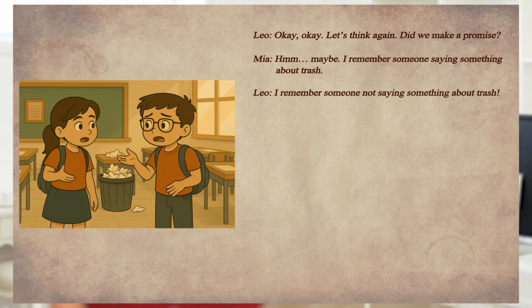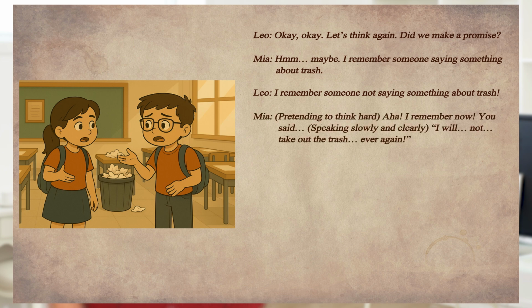I remember someone not saying something about trash. Mia pretends to think very hard. Aha. I remember now. You said, I will not take out the trash ever again. I never said that. You did. I heard you. It was very dramatic.